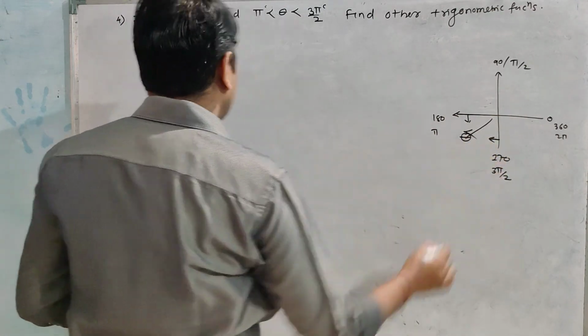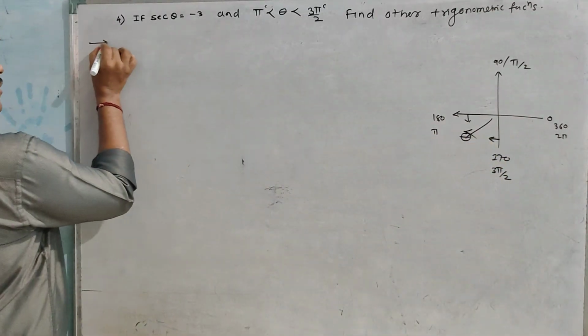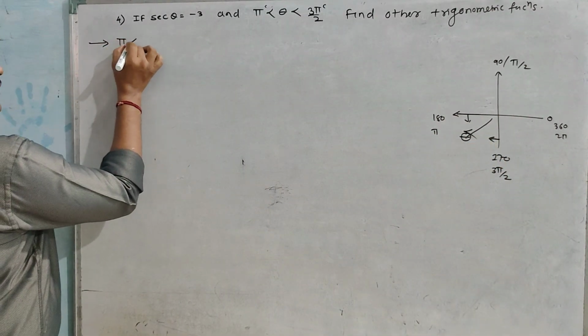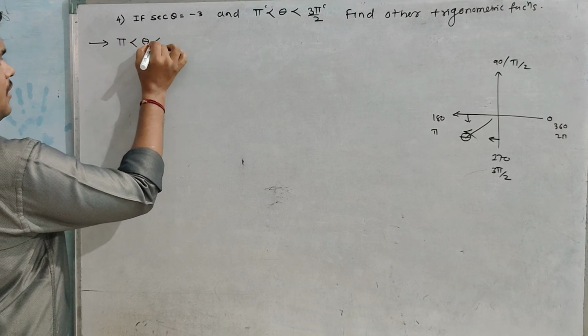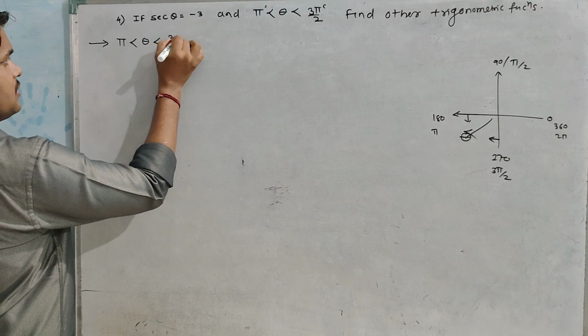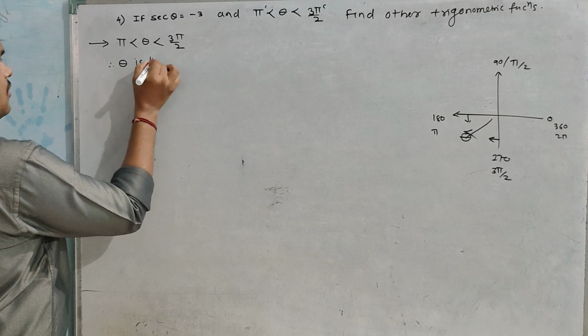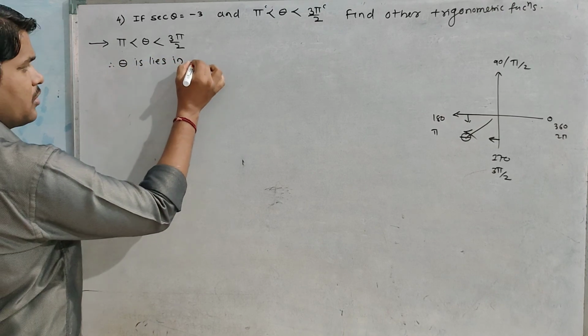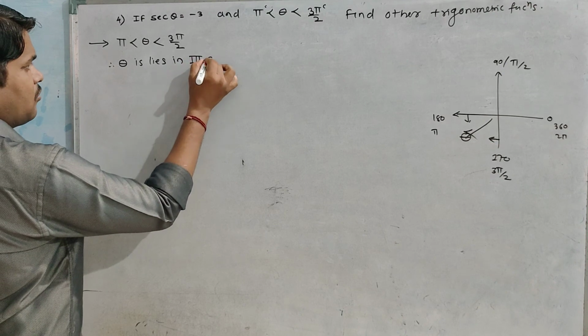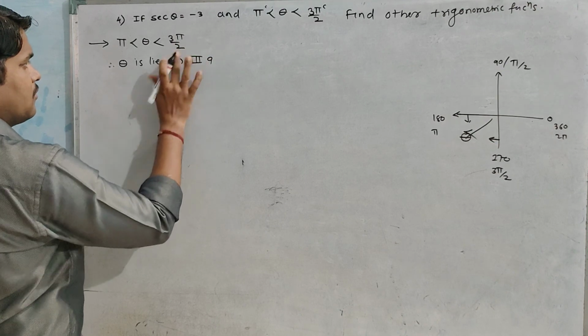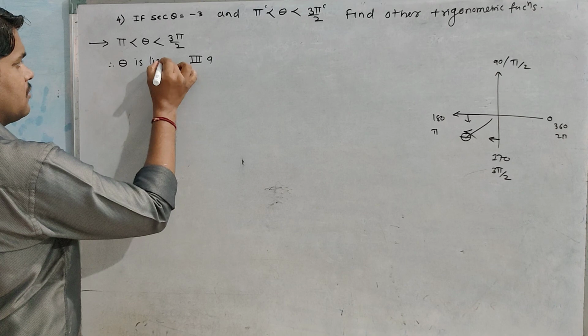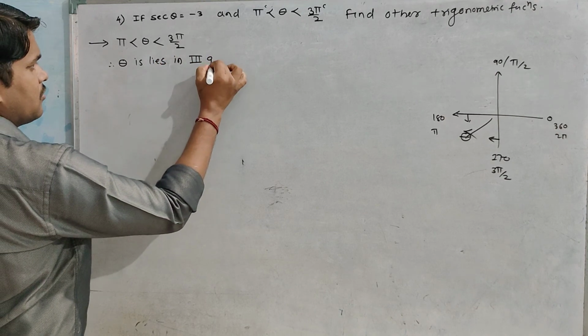So we can write that theta is greater than pi but less than 3 pi by 2. Therefore theta lies in the third quadrant.